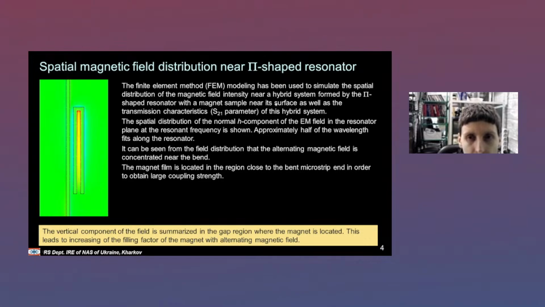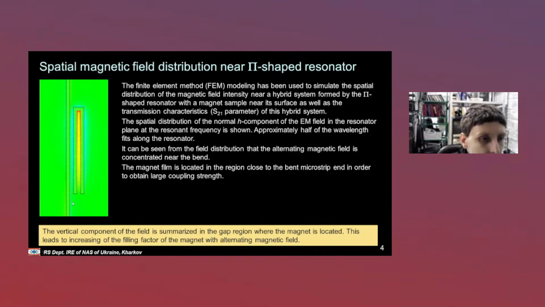As well, we also calculate transmission characteristics of such a system, where the feeding microstrip line is a two-port system, and we calculate the S21 parameter.